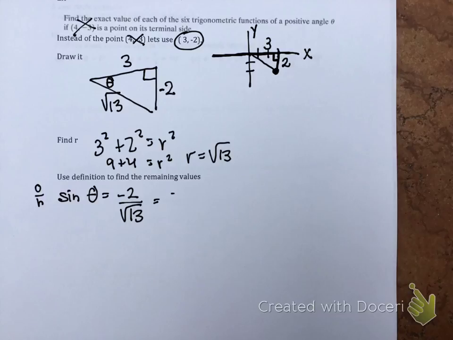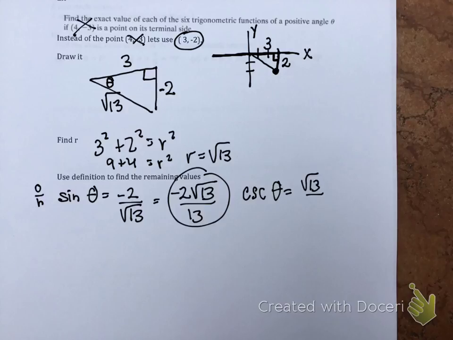So if I rationalize this, I get negative 2 radical 13 over 13. And it's negative, okay? Its reciprocal function is cosecant. So we're going to flip that over, so I get radical 13 over 2, and it's negative.